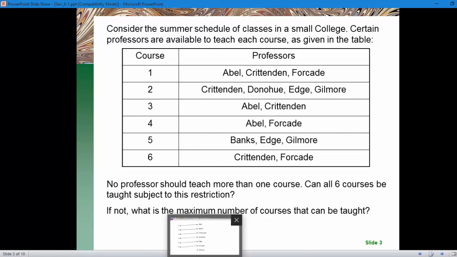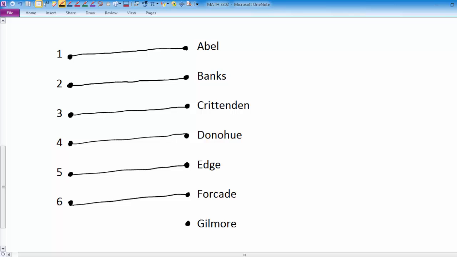So if we go back here, A, C, and F, all these 3 professors would have an edge to the vertex that represents course number 1. Then we would permute the names of the professors until we get an assignment that will give us more edges satisfying the conditions that we wanted.